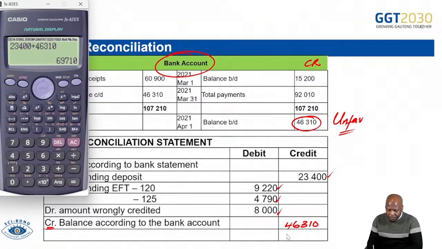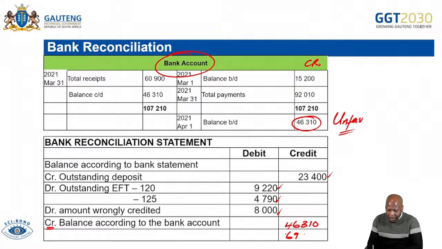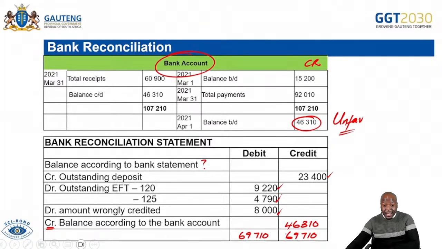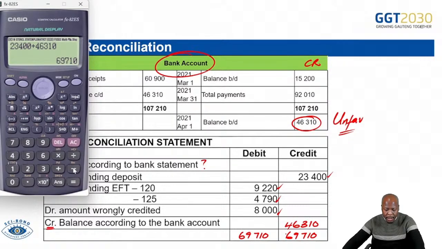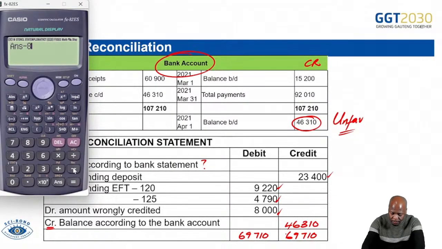The total then is 69,710. So I'm going to come here and I'm going to have 69,710. That means here I'm going to have 69,710. Can I go? I now need the balance as per bank statement, which is this one. Okay, so I'm going to subtract all these amounts that are on the debit side. So I'm going to say 69,710 minus the 8,000.